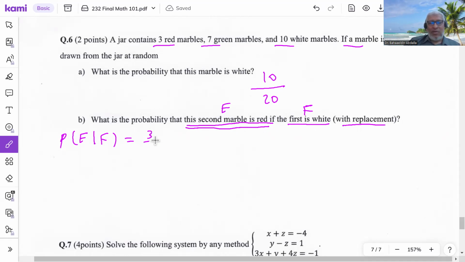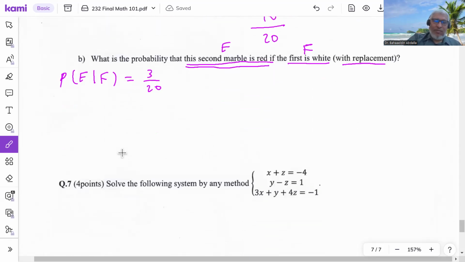It's 3 over 20, because the white in the first, you put it back. If the experiment is without replacement, then the answer would be 3 over 19, because you took a white marble and put it away, not back in the jar. I hope you understand. So this is a conditional probability, not both of them, okay?